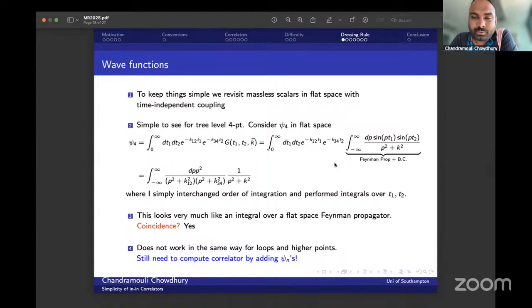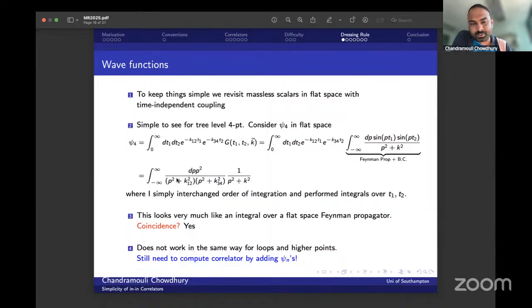And the point is, if you write the integral in this form and exchange the order of integration, so let's say I first do the time integrals before the momentum one, then I get an integral representation of this kind, where notice that this very much looks like an integral over the flat space Feynman propagator. So this is almost like a flat space Feynman propagator, and I'm taking this object, attaching some extra integrals on top, and integrating it.